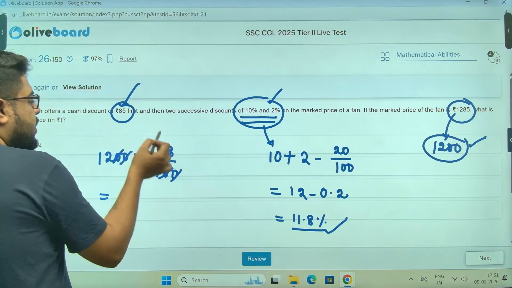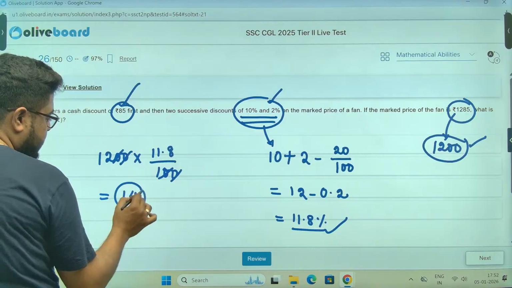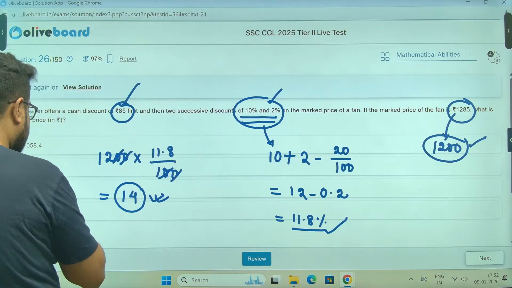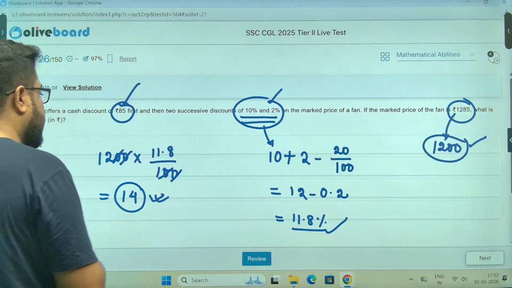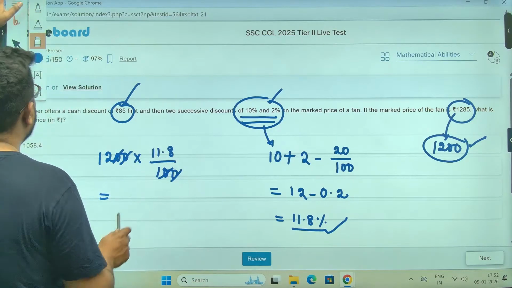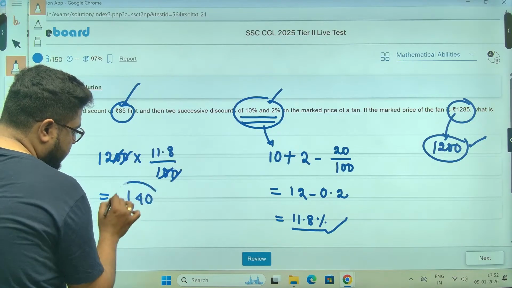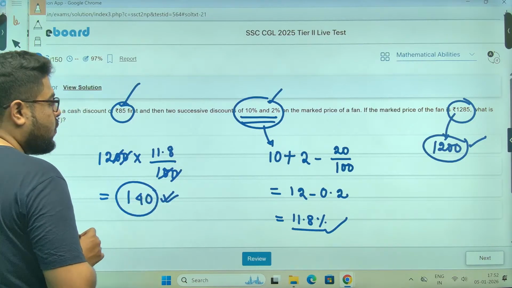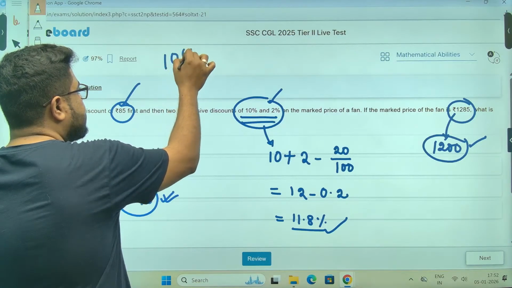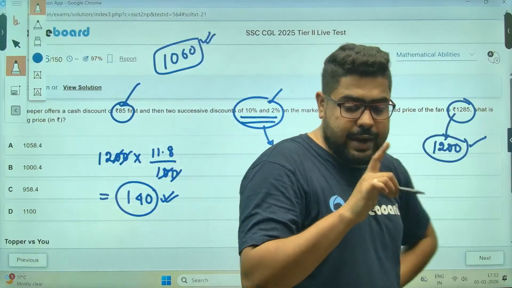So that means almost 144 rupees discount. I'm not calculating the whole thing. Sorry, extremely sorry, 12 into 12 meaning 144, so 140 rupees almost discount you'll get. 140 rupee discount meaning your answer will be around 1060.